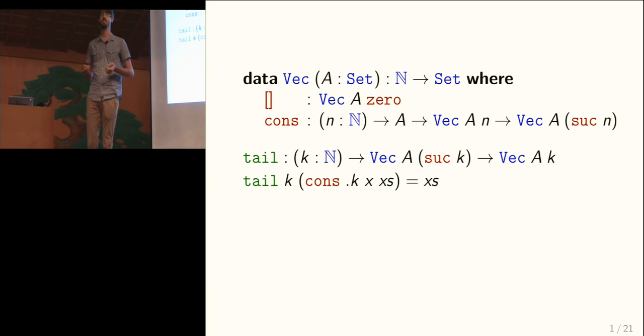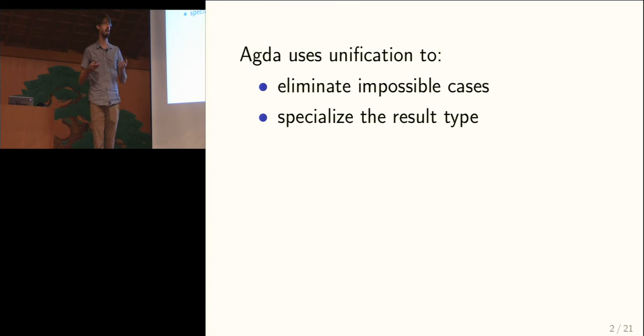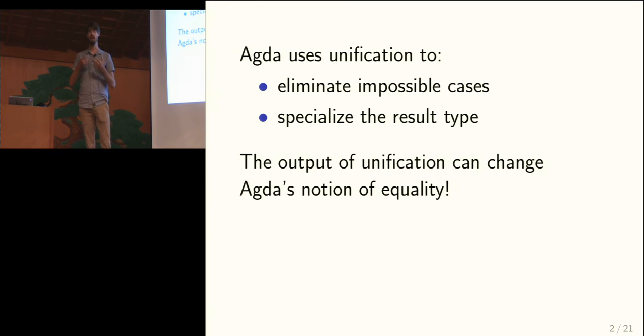Well, the answer is in the title of this presentation. It does so by applying unification to these problems. And the main problem with this is that any change in the output of this unification algorithm can change the notion of equality that AGDA has.